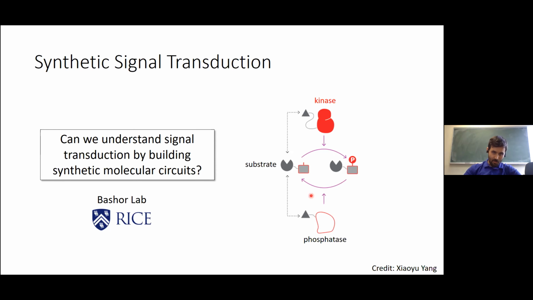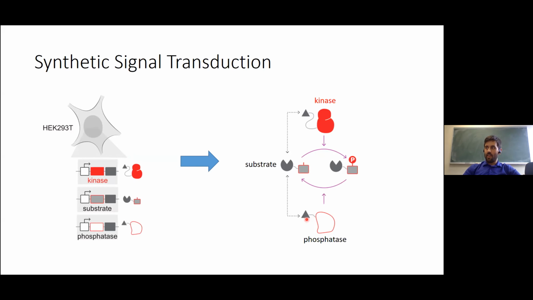The way that they create these circuits is by transfecting embryonic stem cells with DNA to express all the different components. And then once a cell is successfully expressing all the different components, they introduce fluorescent antibodies that can measure the concentrations of all the different pieces.